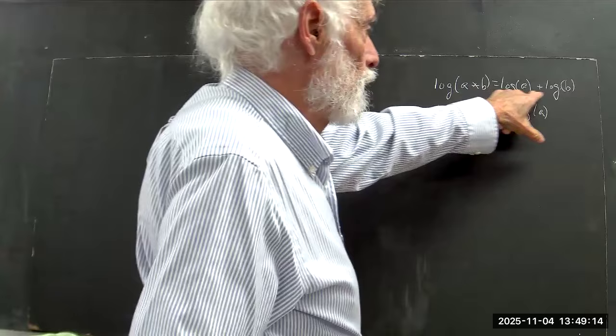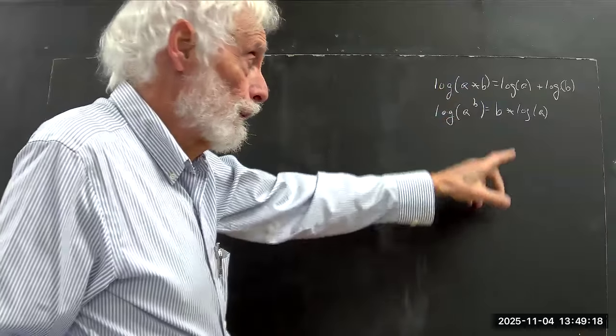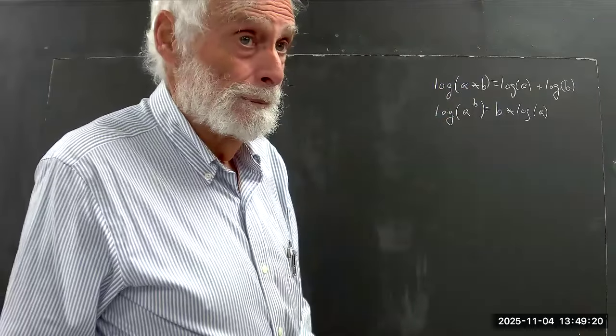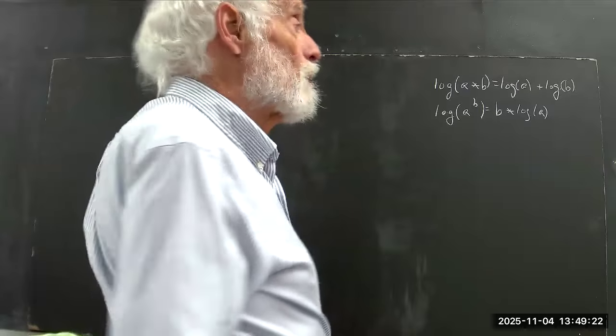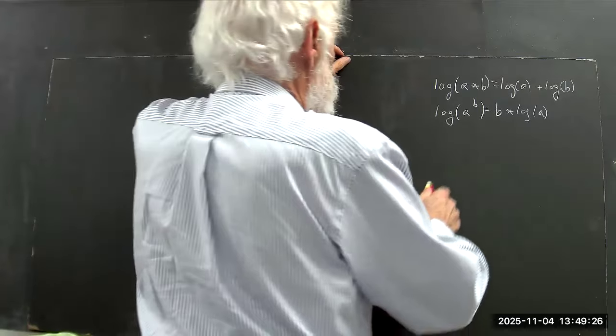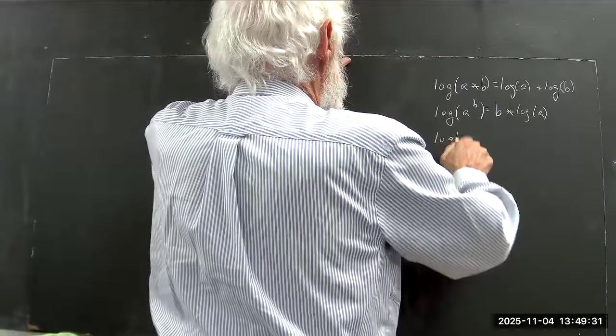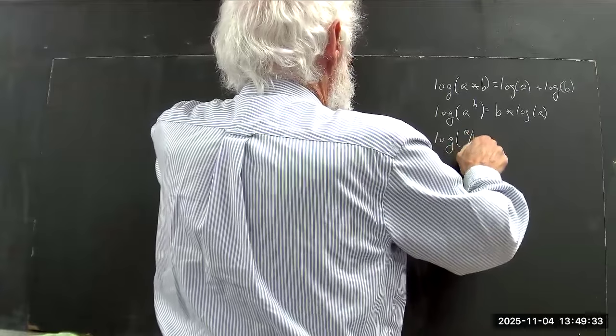Log of A times B is log of A plus log of B. Log of A raised to the B power is B times the log of A. They usually give you this one.